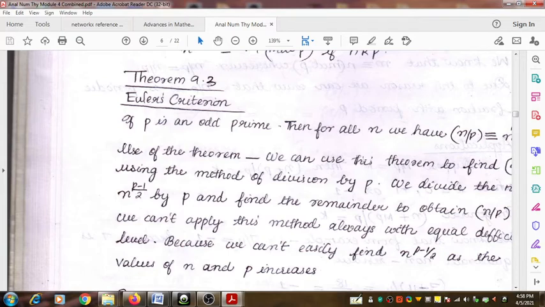So this theorem can be used to find the Legendre symbol value for a given number. But this is very useful when the values of n and p are much smaller. In the case of big values, you will find some difficulty in applying this. So the use of this result is explained here.